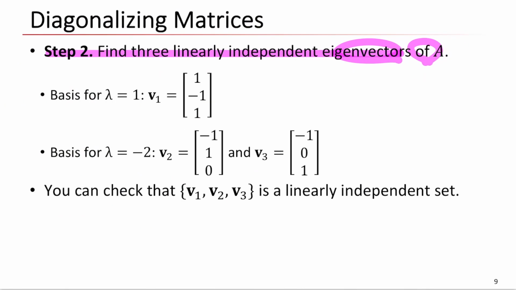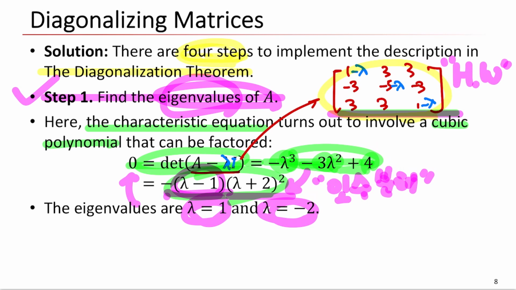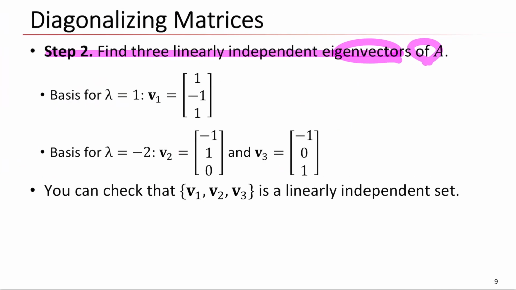And then let's find the eigenvectors. So how can I find the eigenvector? First of all, when lambda is equal to 1, the equation is matrix A times x equals 1 times x, right?